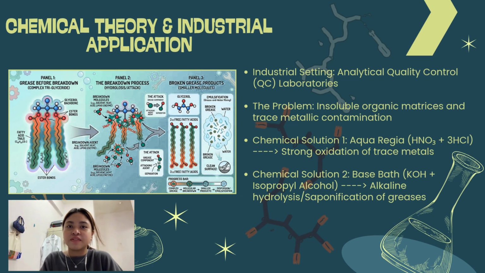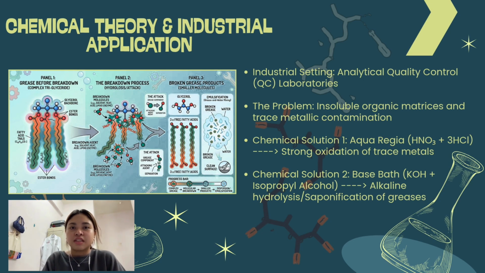Conversely, when dealing with stubborn organic polymers or specialized machinery greases, we utilize an alkaline base bath composed of potassium hydroxide dissolved in isopropyl alcohol. The underlying chemical mechanism here is alkaline hydrolysis, or saponification.